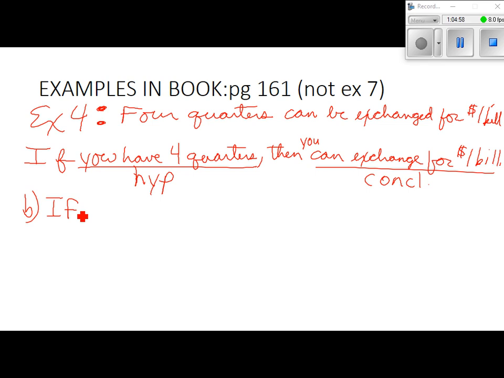No. We're on letter B. They didn't ask us to write all the different things this time. So it says the sum of the measures of 2 supplementary angles is 180. So if what? We're trying to write that as an if and then statement.